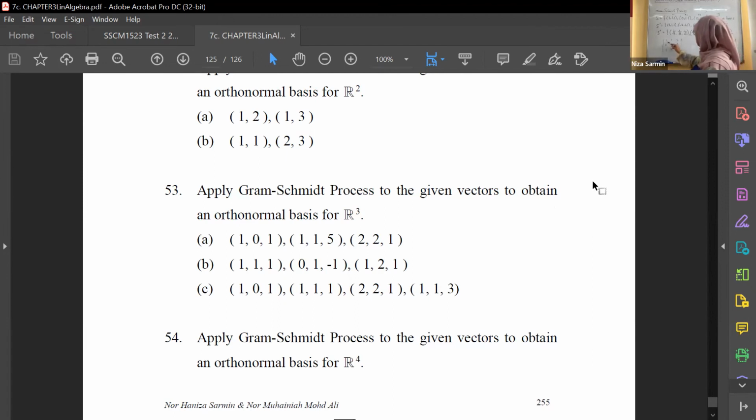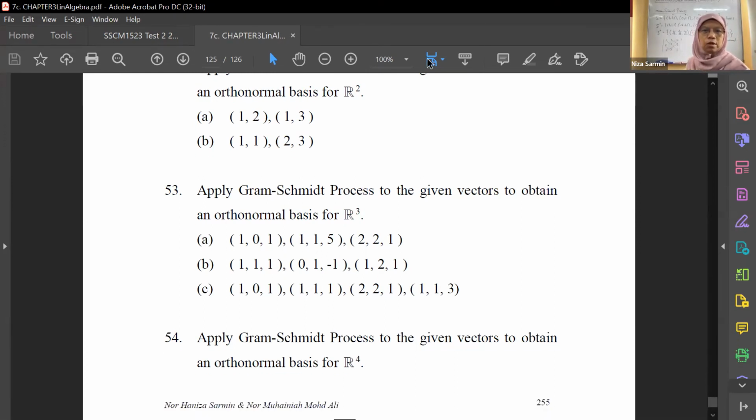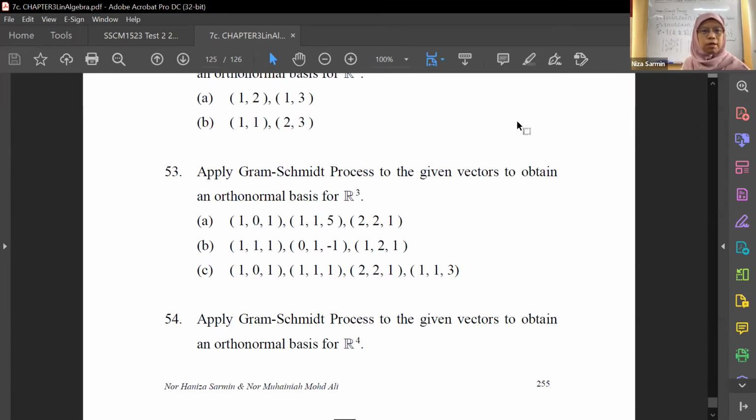The determinant is 1 plus 2, 3, minus 2, 1, minus 10, minus 9. So, okay, you do Gram-Schmidt. For b: 1, 1, 1, 0, 1, negative 1, 1, 2, 1. So the determinant is 1, minus 1, 0, minus 1, minus 2, 2, 3. Okay, determinant also not 0. So it's a basis, you just apply Gram-Schmidt.